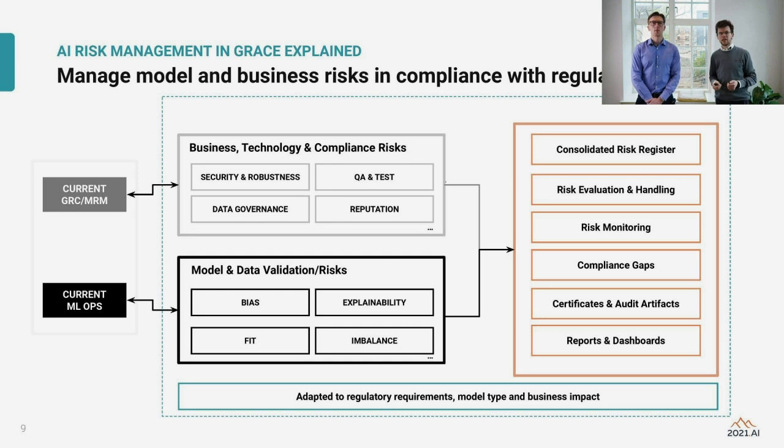The first one, in the upper left box, concerns the compliance-related tasks, typically certain assessments that need to be filled out according to the regulations. This is typically related to what we see in organizations like banks. And then we have what we would call model and data validation.